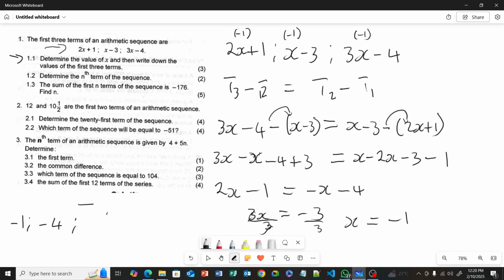Then on the third term we have 3 times negative 1, which is negative 3 minus 4. It's going to be negative 7. So we have answered the two questions of 1.1. Firstly, you determine the value of x, and then secondly you determine the first 3 terms.